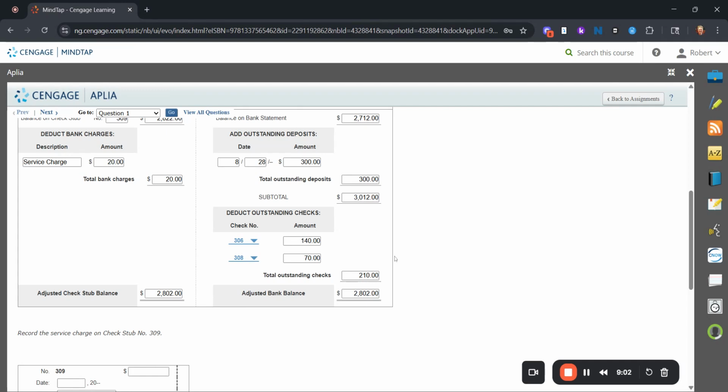Once we take into account those transactions that hadn't posted yet, we can see that what the bank actually says we have in the account matches what our checkbook stub balance shows. So our record keeping is 100% spot on.